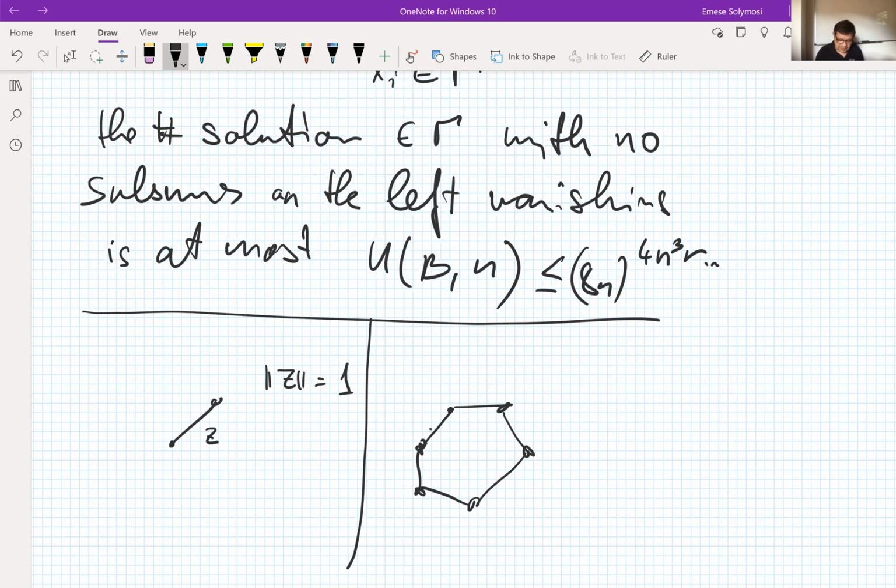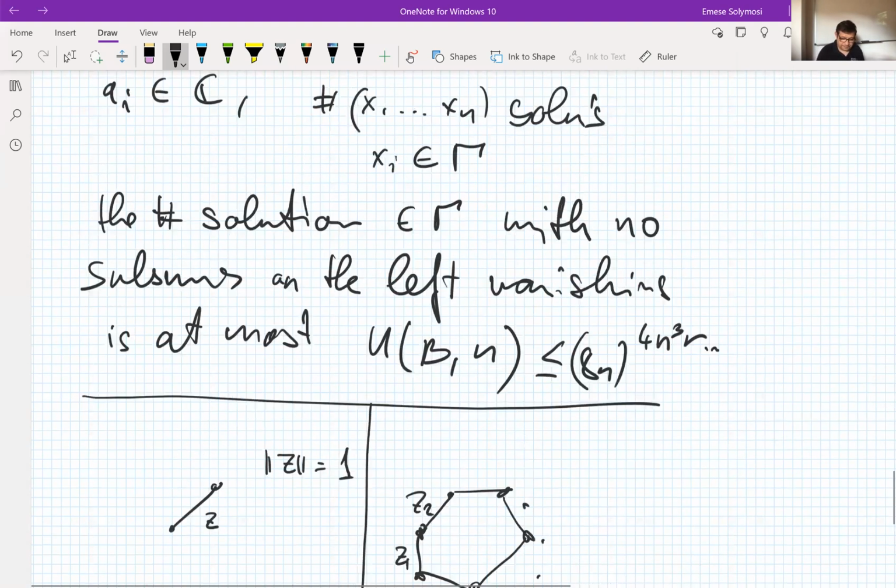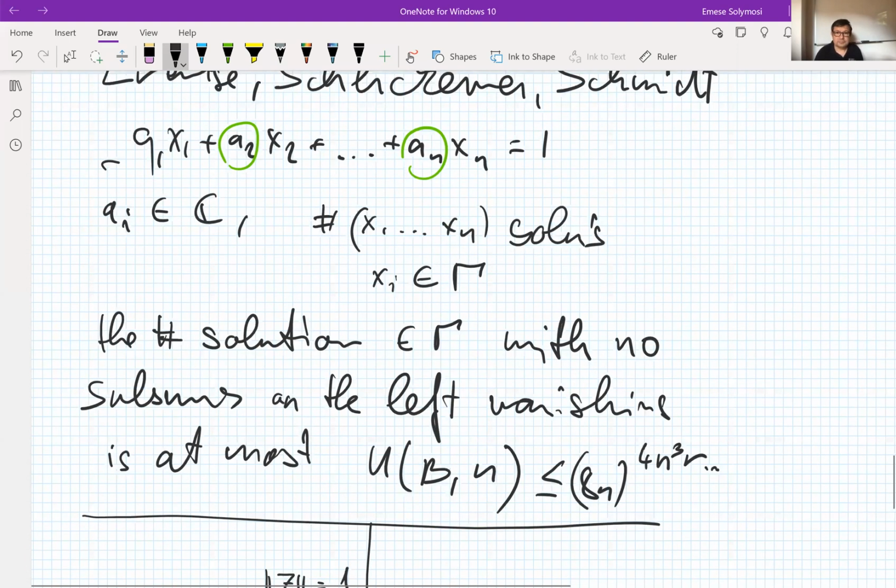If you take the sum of those, so if this is Z1, Z2, and so on up to Zk, then the sum of Zi is 0. So here is the linear relation, and this is almost like what we need here, right?